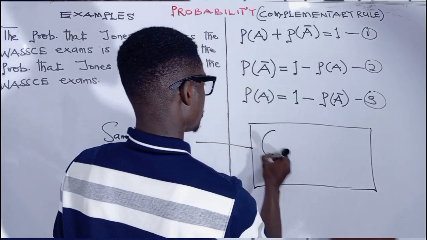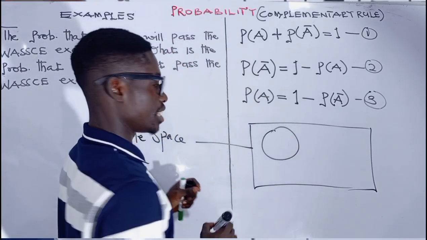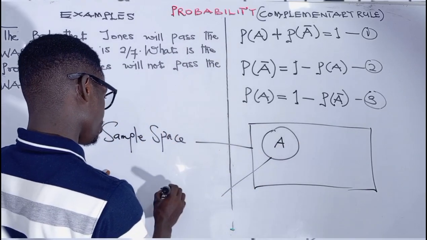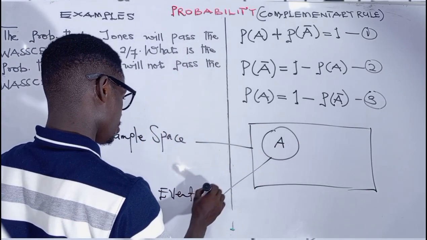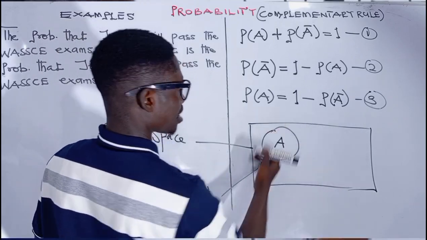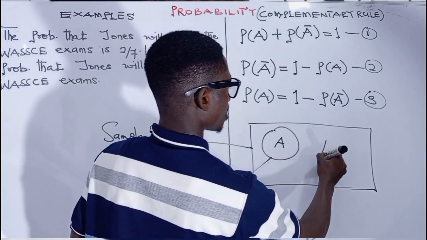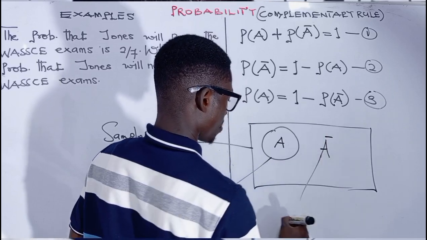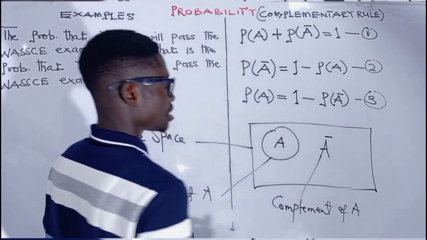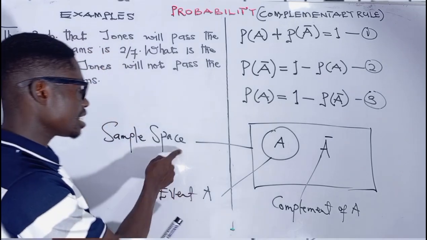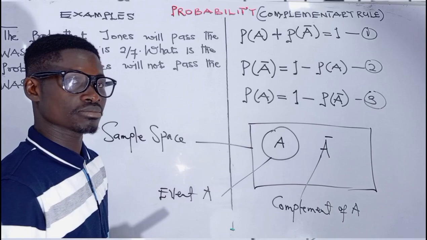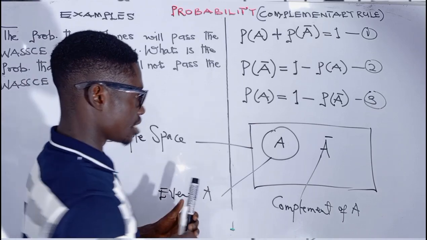Let's use this circle to denote event A. And then all this region around the circle becomes the complement of A. This complement of A means that they are within the sample space, alright, but they are not part of event A.